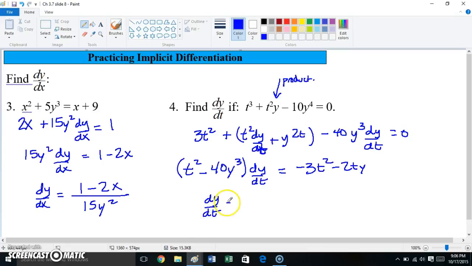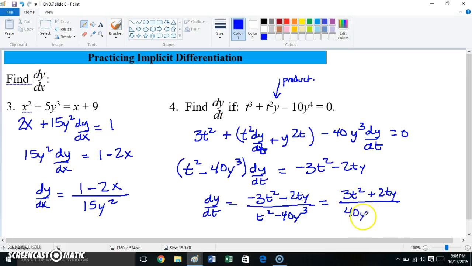Dividing by the factor, negative 3t squared minus 2ty divided by t squared minus 40y cubed. There's a lot of negatives in that expression, so I might choose to write it as 3t squared plus 2ty over 40y cubed minus t squared.